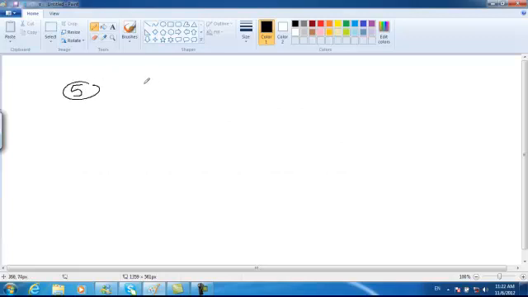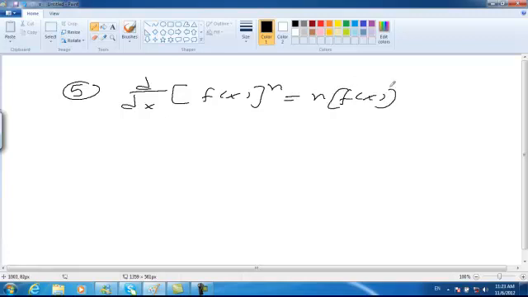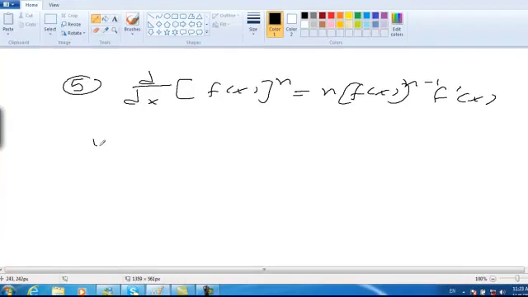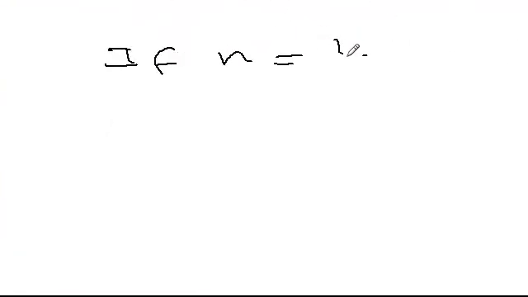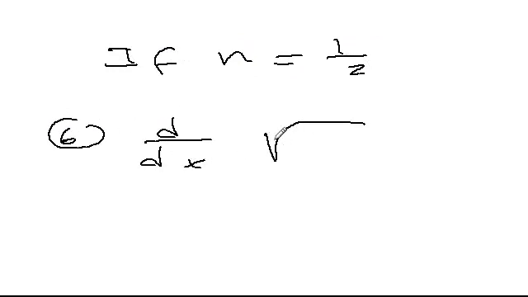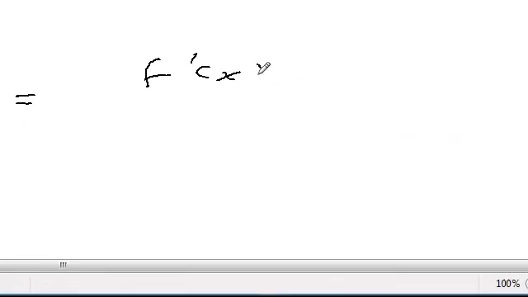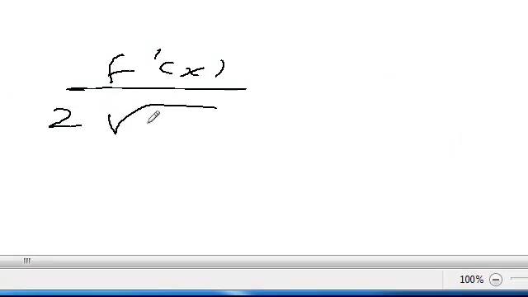Number 5. d by dx of f of x to the power n equals n f of x to the power n minus 1 times f dash of x. If n equals half, then d by dx square root f of x equals f dash of x divided by 2 square root f of x.